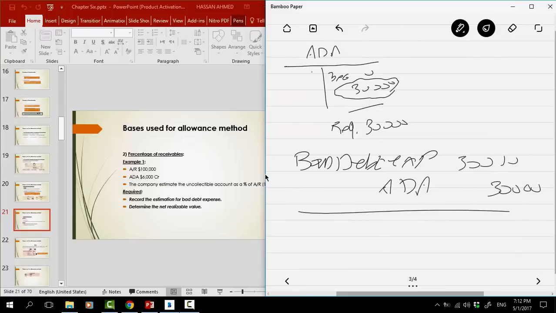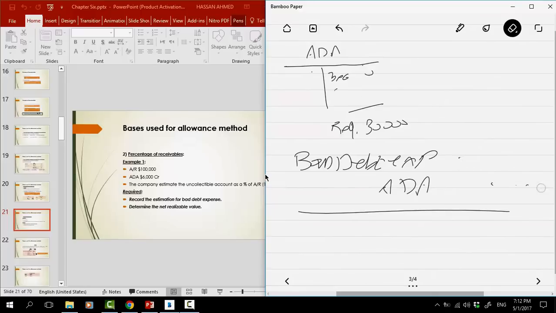Okay, assume another example, but instead the ADA beginning balance was $5,000. Again, this method considers the beginning balance or the recorded balance in the ADA. I want to reach $30,000 required balance. This method is different from the percentage of net credit sales, as I said.